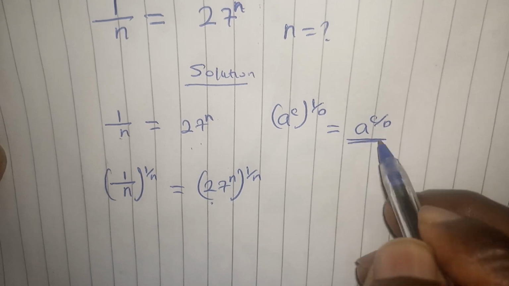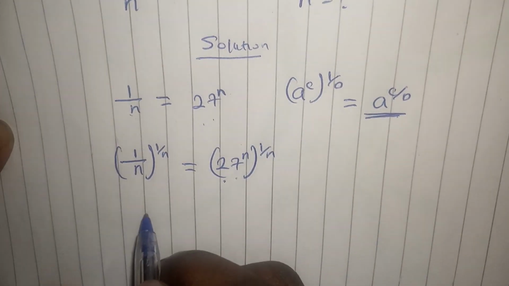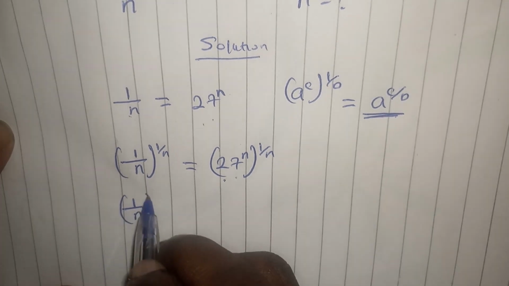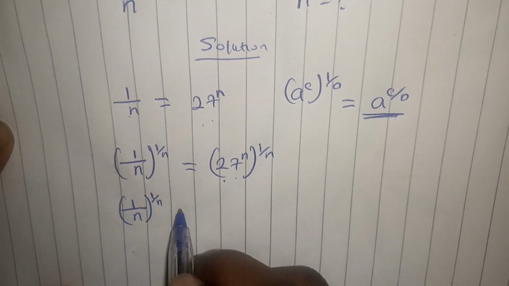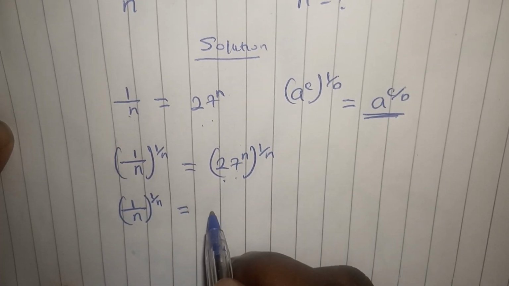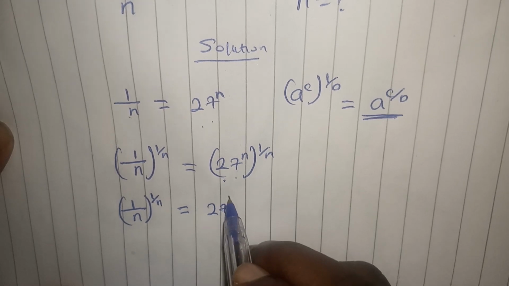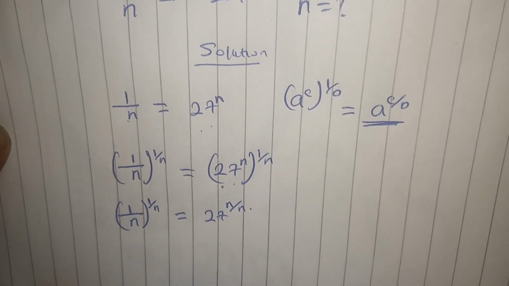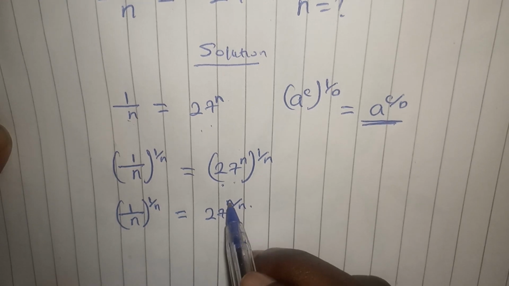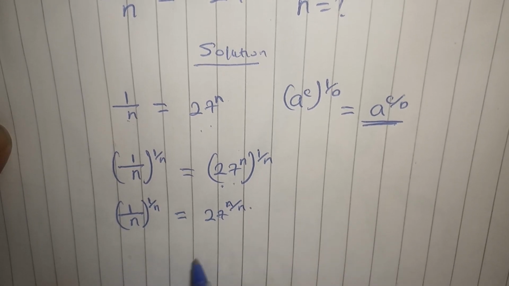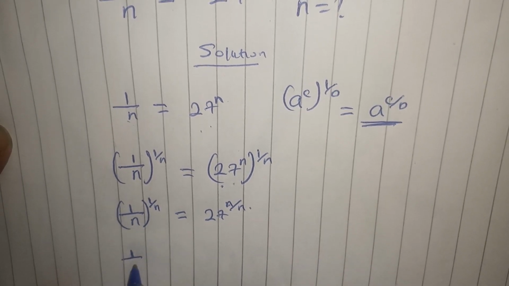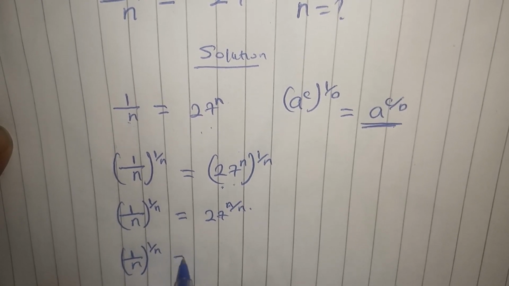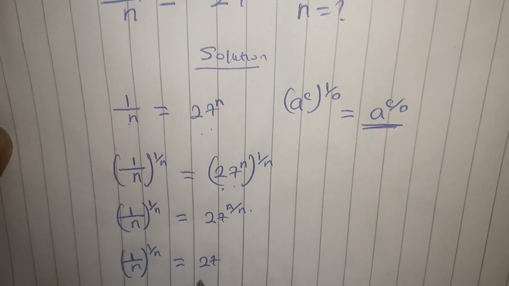If I put this rule here, I'll have (1 over n) to the power of 1 over n equals 27 to the power of n over n. You can see that the n in the numerator and denominator are the same, so they will easily cancel. We're now having (1 over n) to the power of 1 over n equals 27.